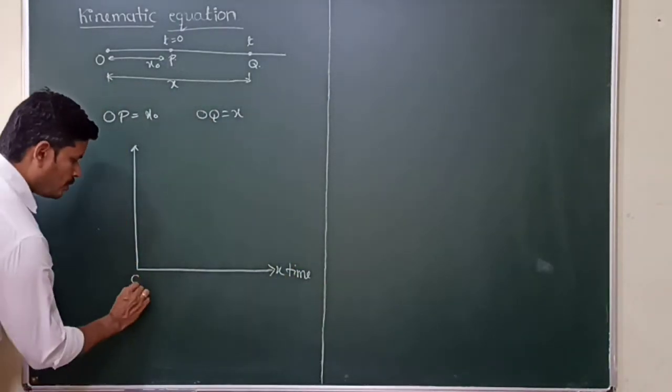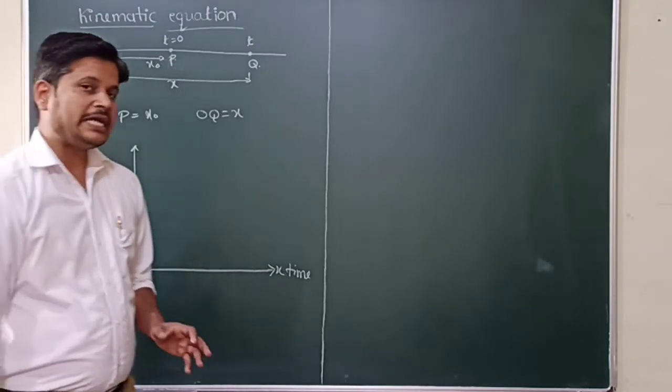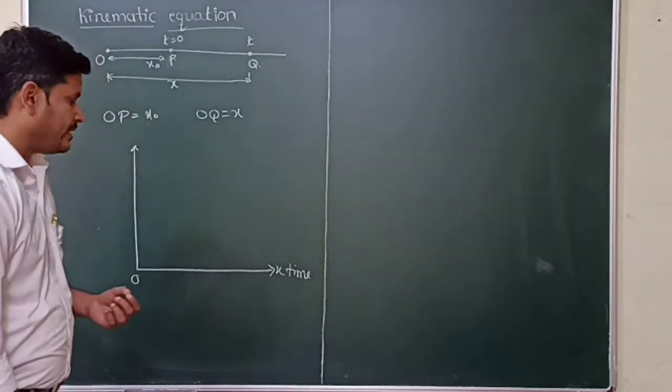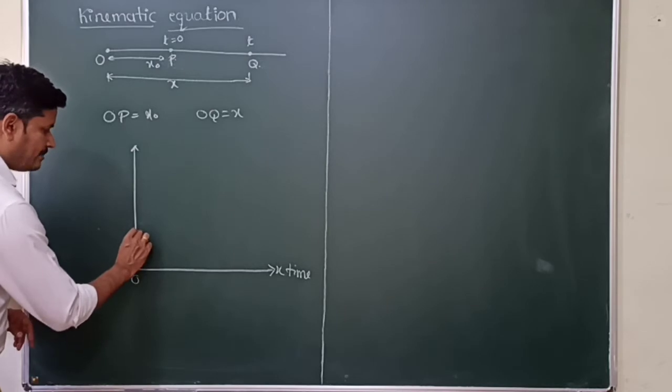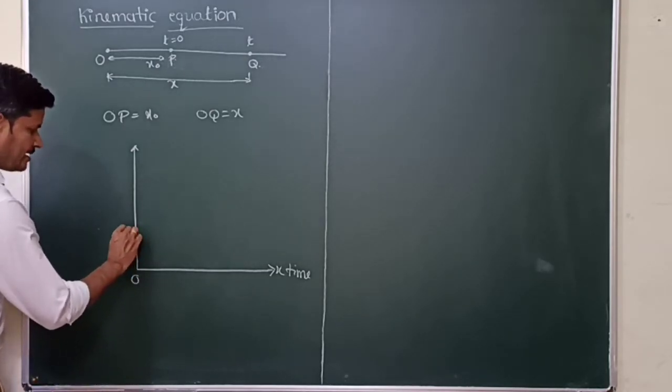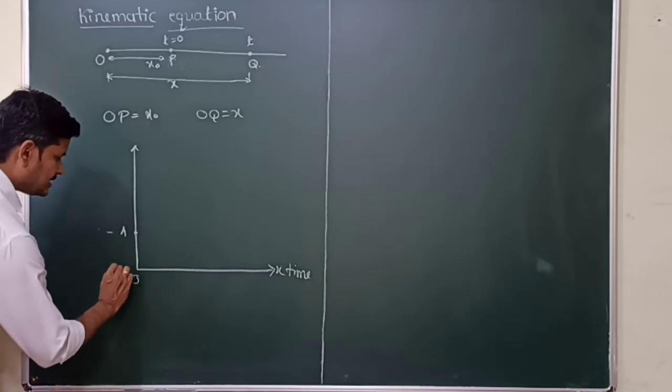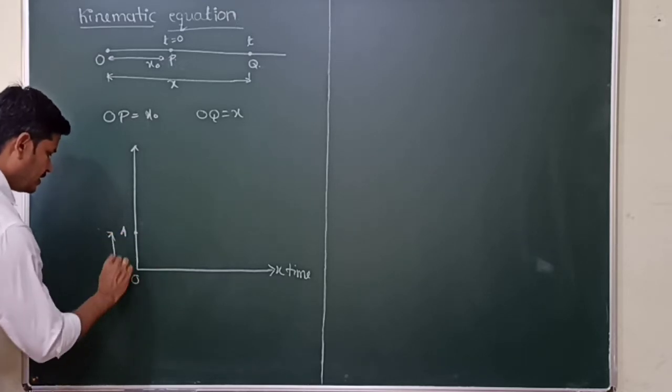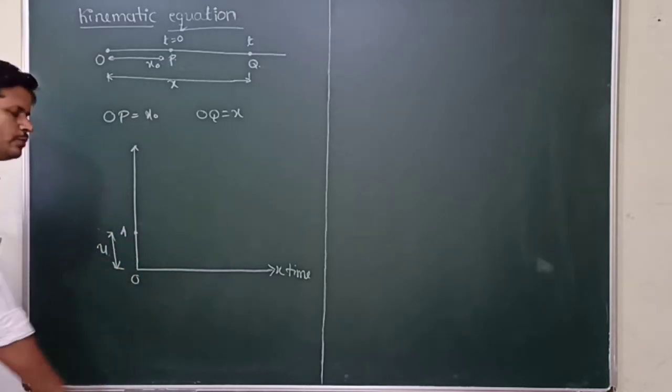This is the origin O. If the particle has the initial velocity, that means at time t equals 0, take this point as A and this distance as the initial velocity u.